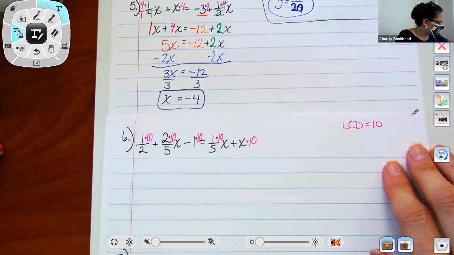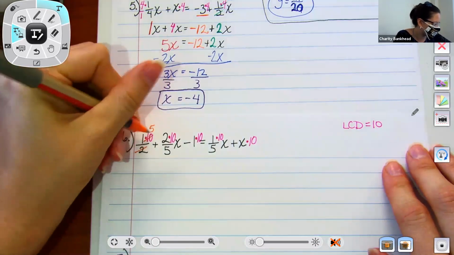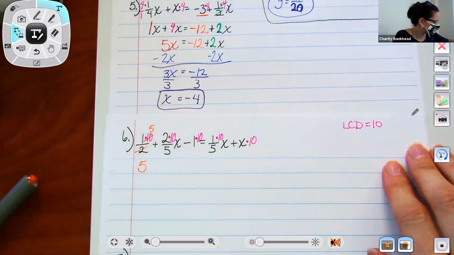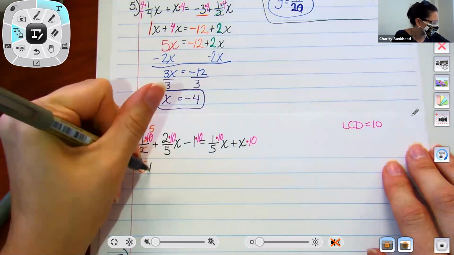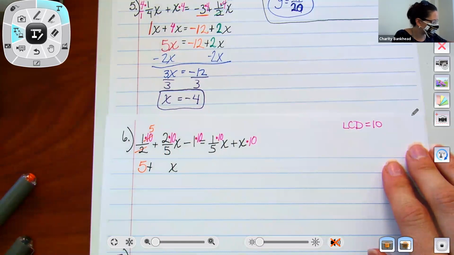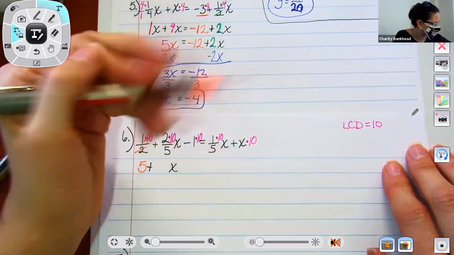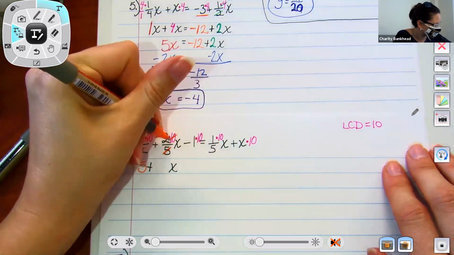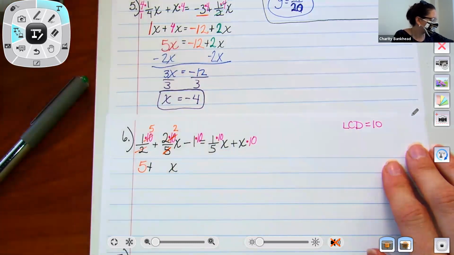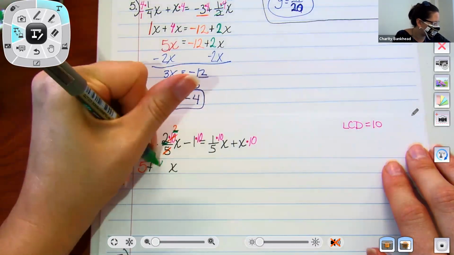Okay, so 2 goes into 10 5 times. So a half times 10 is just equal to 5. And then 5 goes into 10 2 times, and 2 times 2 equals 4.